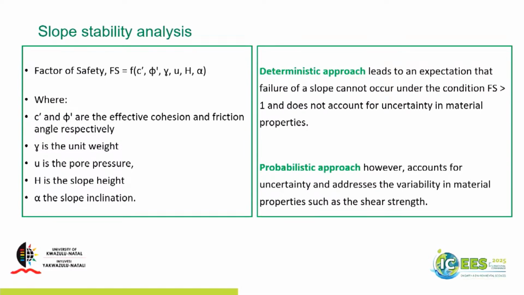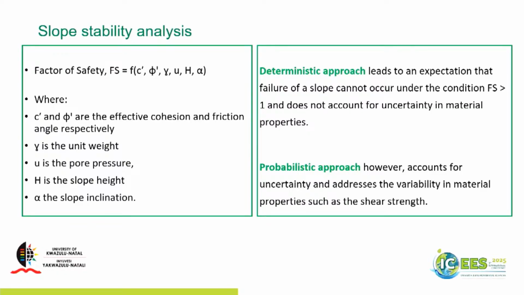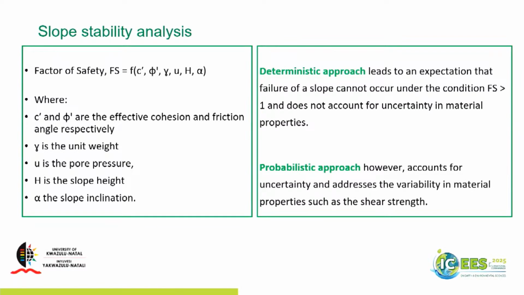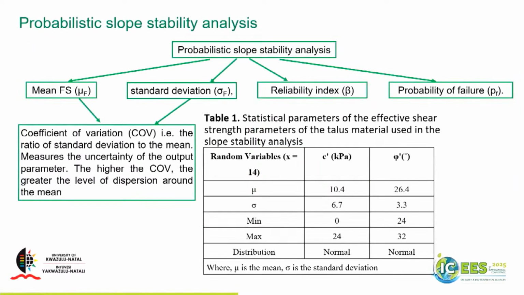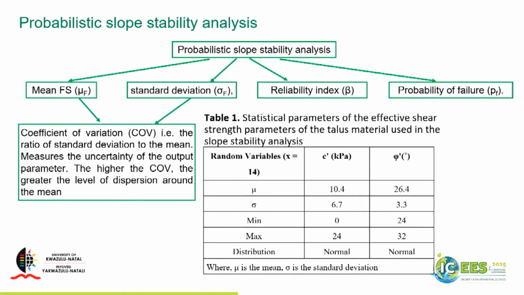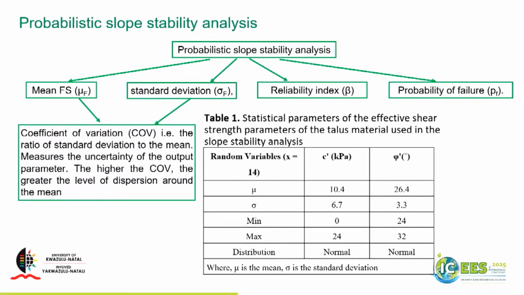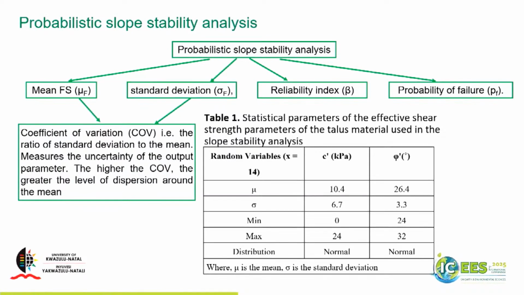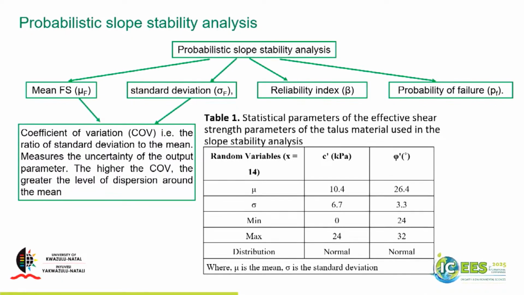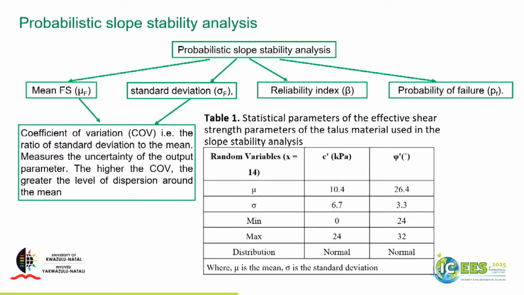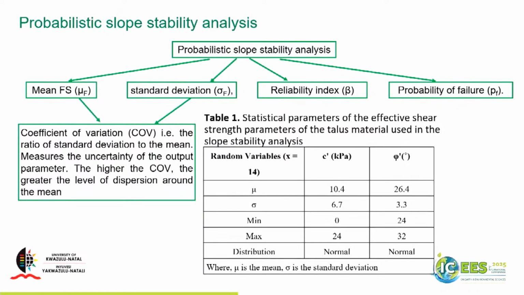Whereas a probabilistic approach accounts for uncertainty and also addresses the variability in material properties, in this case the shear strength. So when we run the analysis, we get the mean factor of safety, and we get the standard deviation, from which we can get the coefficient of variation, which is the ratio of the standard deviation to the mean, and it measures the uncertainty of the output parameter.